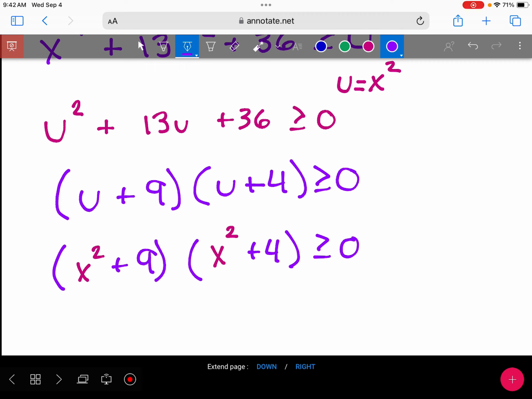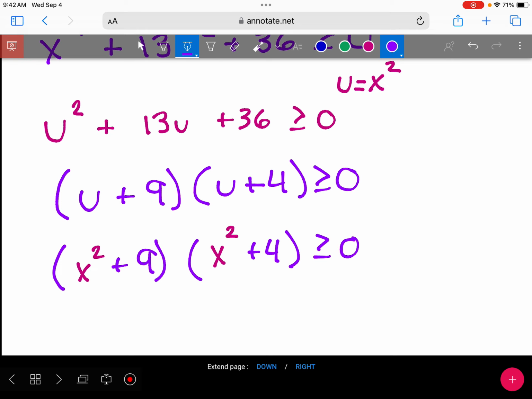Is this chunk ever going to be negative? No, because x squared is always positive, plus 9, still positive. Is this chunk ever going to be negative? No. Again, x squared, always positive, plus 4, still positive. So is this function ever negative?